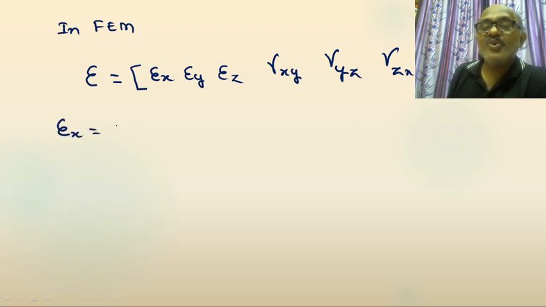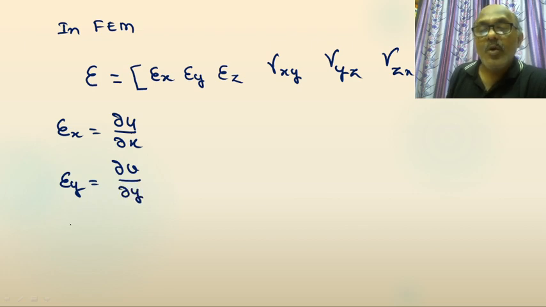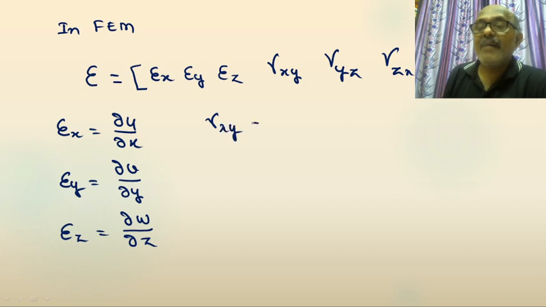What is epsilon x? ∂u/∂x. What is epsilon y? Already derived here, ∂v/∂y. What is epsilon z? ∂w/∂z. Similarly, what is gamma xy? Gamma xy is equal to ∂u/∂y plus ∂v/∂x: this displacement is in the y direction, write ∂y here; this displacement is in the x direction, write ∂x here, put plus here.